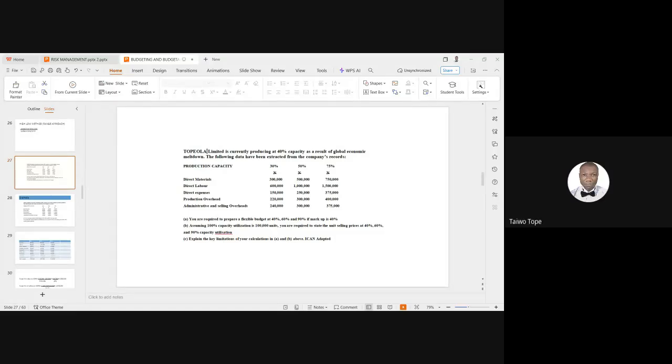Now, production overhead, administrative and selling overhead. What classification of costs is this? The overhead costs. Okay, overhead costs. In other words, mixed costs. They may be fixed or variable.